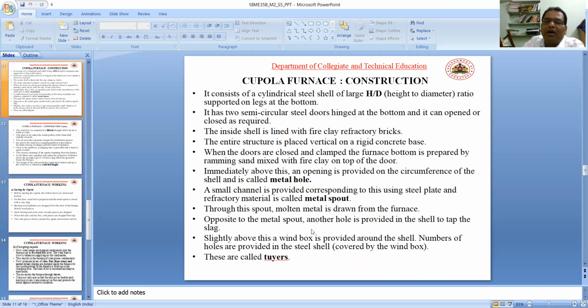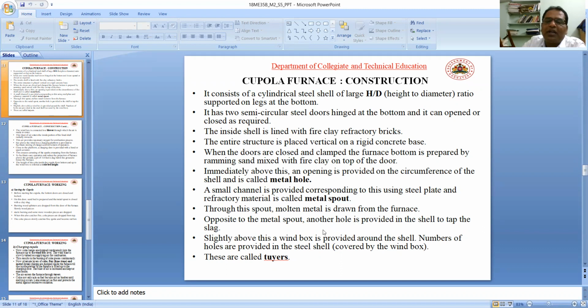Through this spout, molten metal is drawn from the furnace. After solid metal is converted into molten state, the molten metal drawing unit is the metal spout.